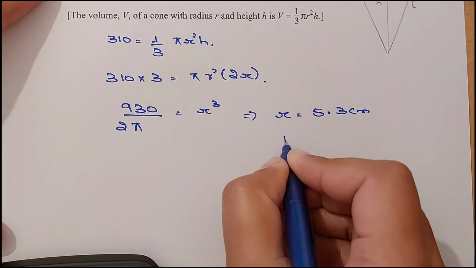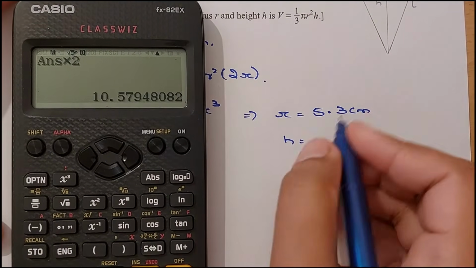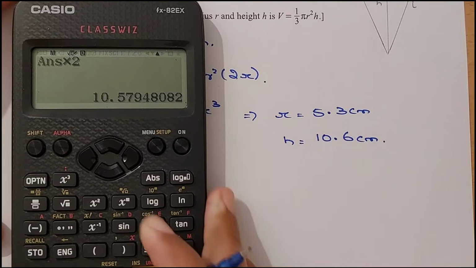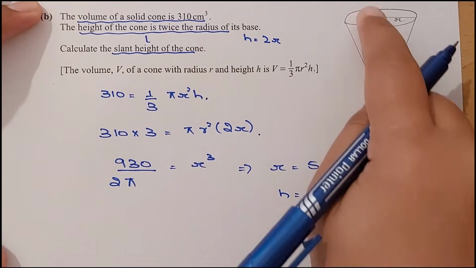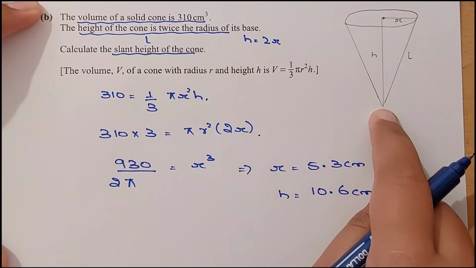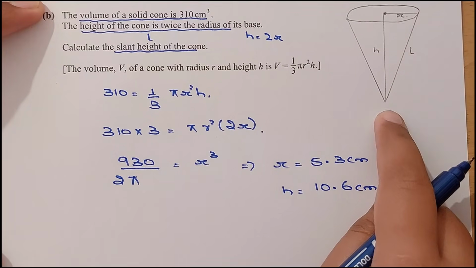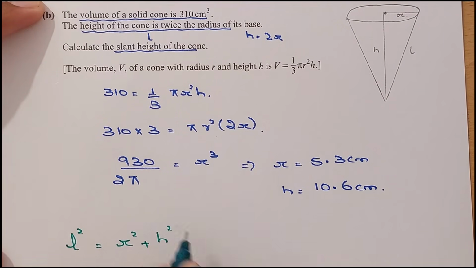So what is the height? Height is 2 times the radius, times by 2. This is 10.6 centimeters to 1 decimal place. We need to find the slant height. As you can see, this is the height, this is r, and this is the slant height. So it is a right angle triangle. We need to find the hypotenuse using Pythagoras theorem. The hypotenuse squared equals the radius squared plus the height squared.